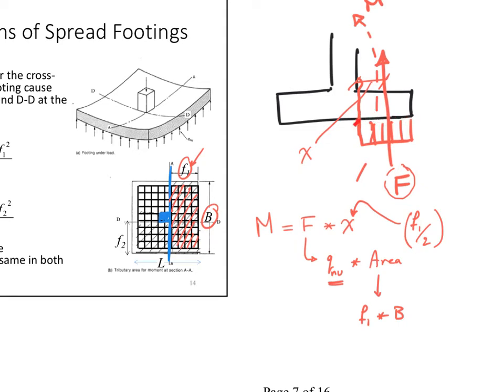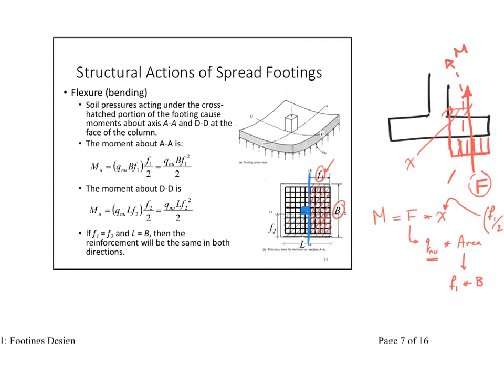This is F1, and this is X, which is the distance from the center of this area to the critical section. So I go back to this equation and I see that the ultimate moment equals Q ultimate times the area times the arm. Area is B F1 and the arm is F1 over 2. Okay, so Q net B F1 squared over 2.